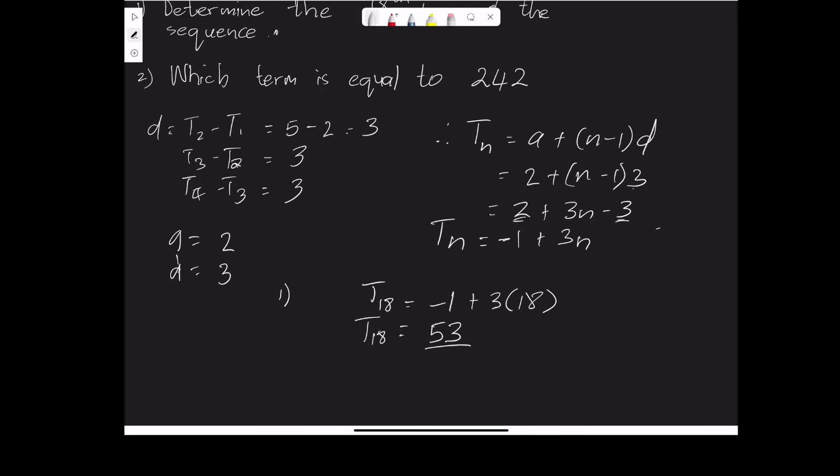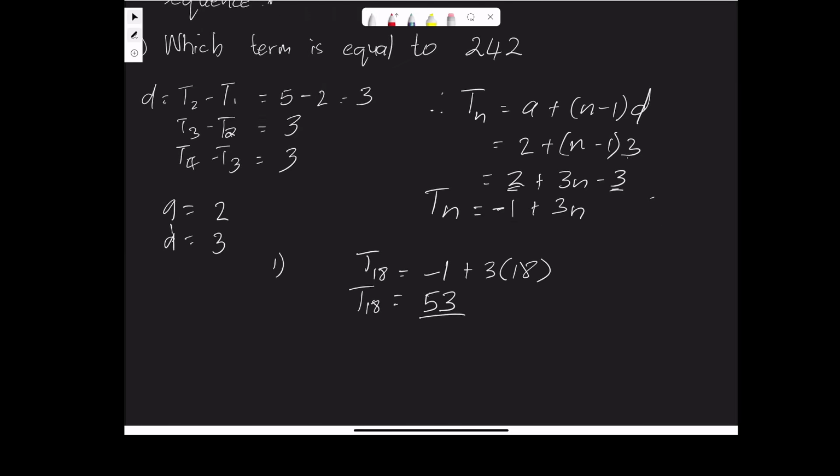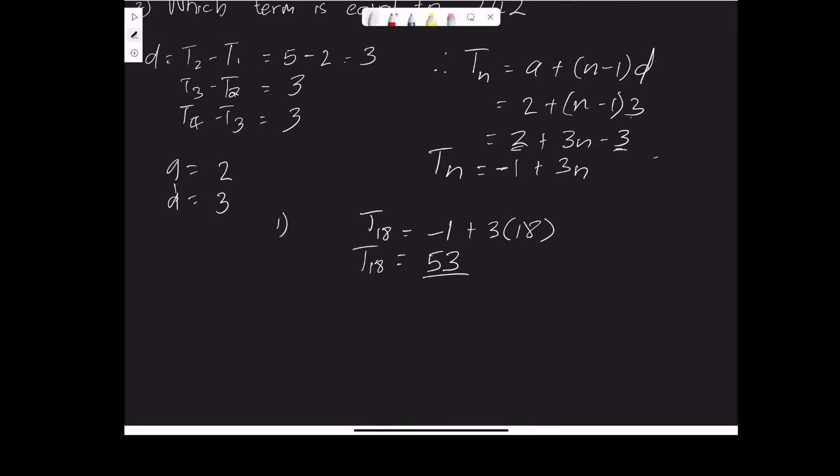So we've answered the first question here. So we want to know which term is actually equal to 242. So we know that Tn, again, this is our general formula, we derived it there, is equal to minus 1 plus 3n. Okay, so we want to know which term would give us 242.